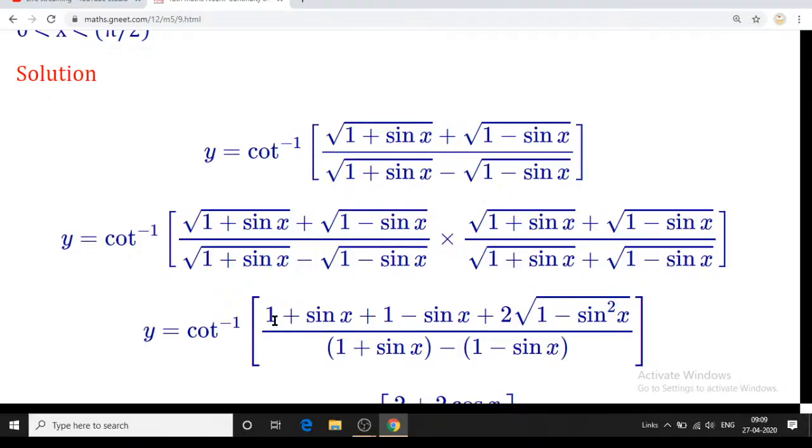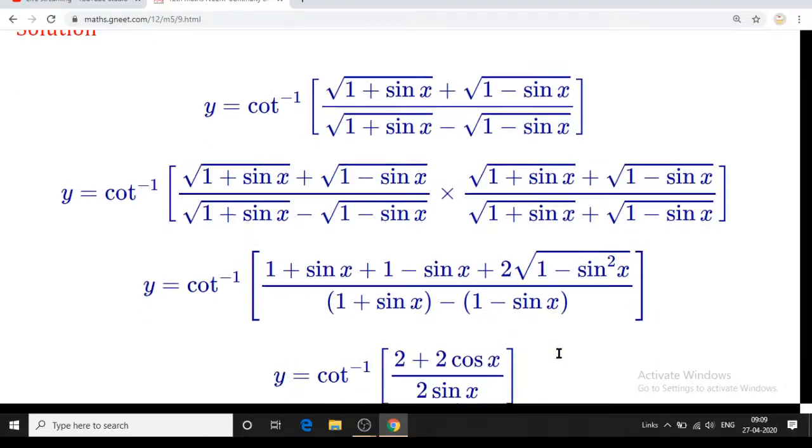When we simplify, we get 1 plus sin x plus 1 minus sin x plus 2 under root of 1 minus sin square x. And in the denominator, a minus b into a plus b is a square minus b square. So it will be 1 plus sin x minus 1 minus sin x.